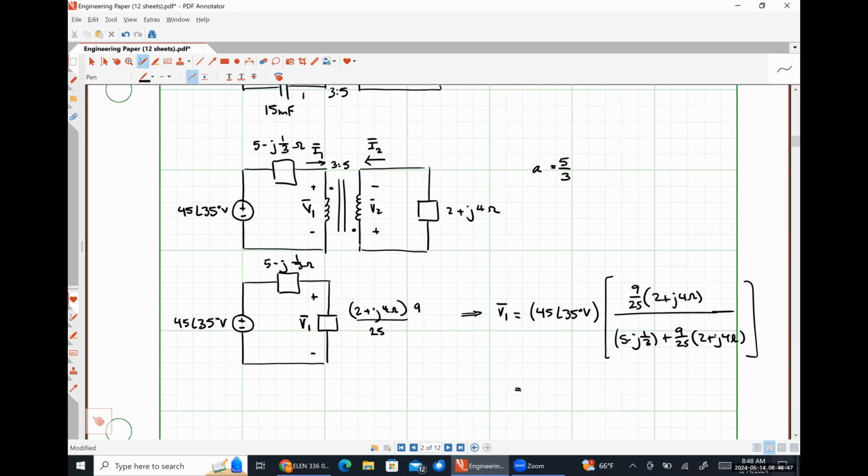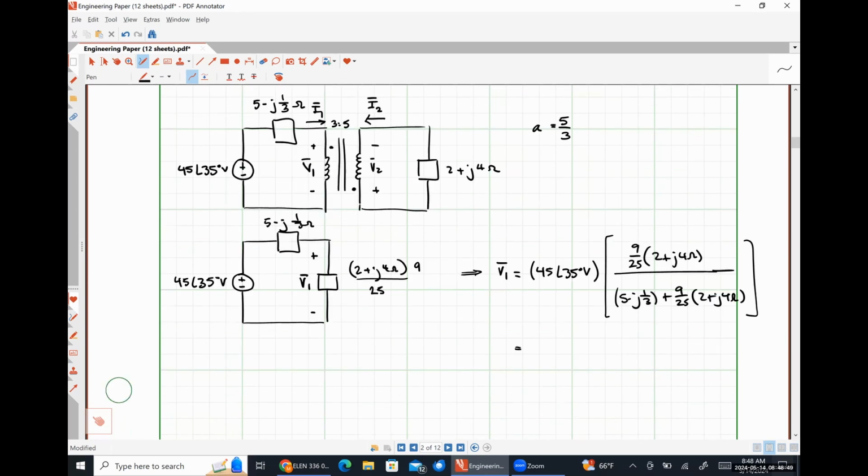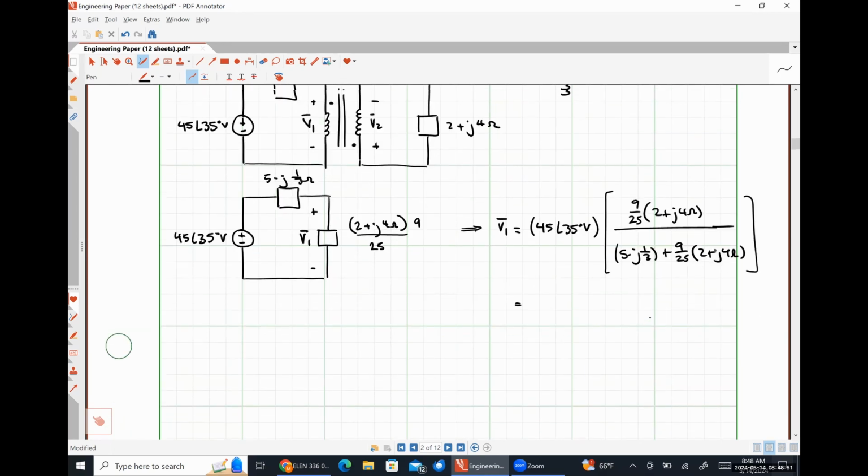I get, looks like I have a little bit of an error, but that's okay. 12.435 with an angle of 87.435 degrees.